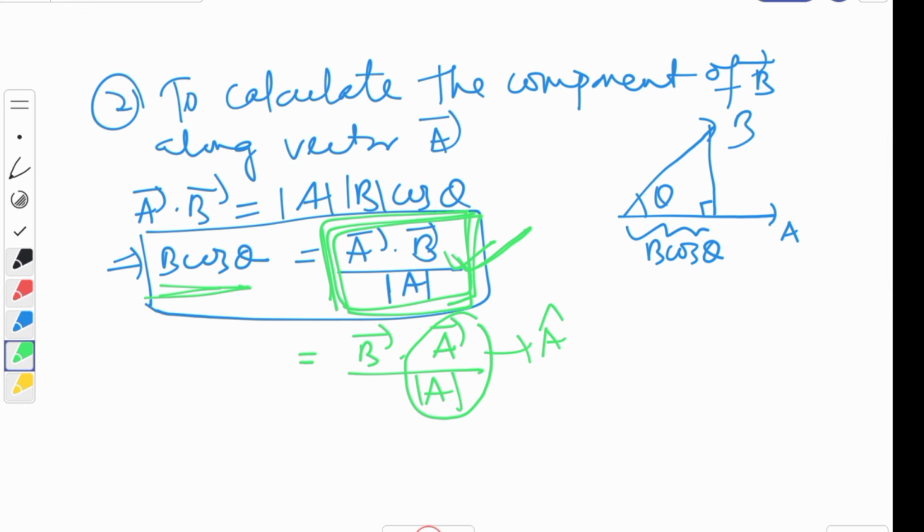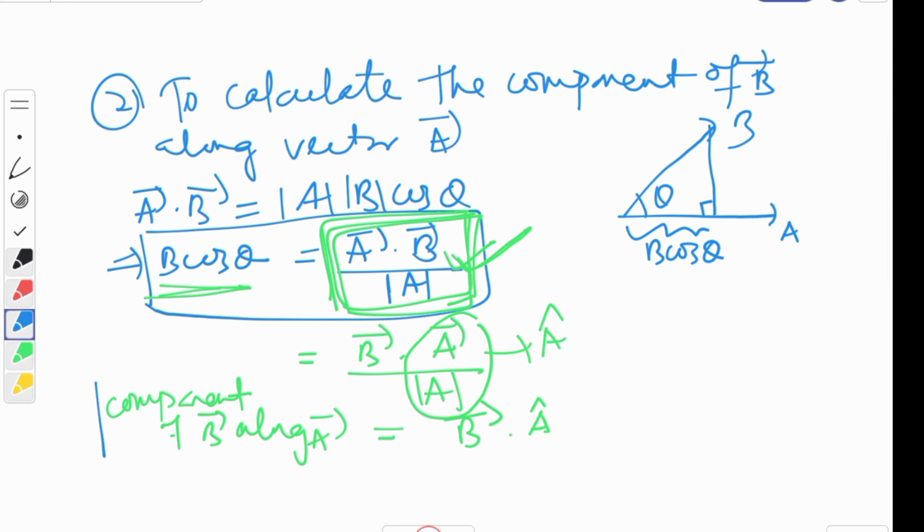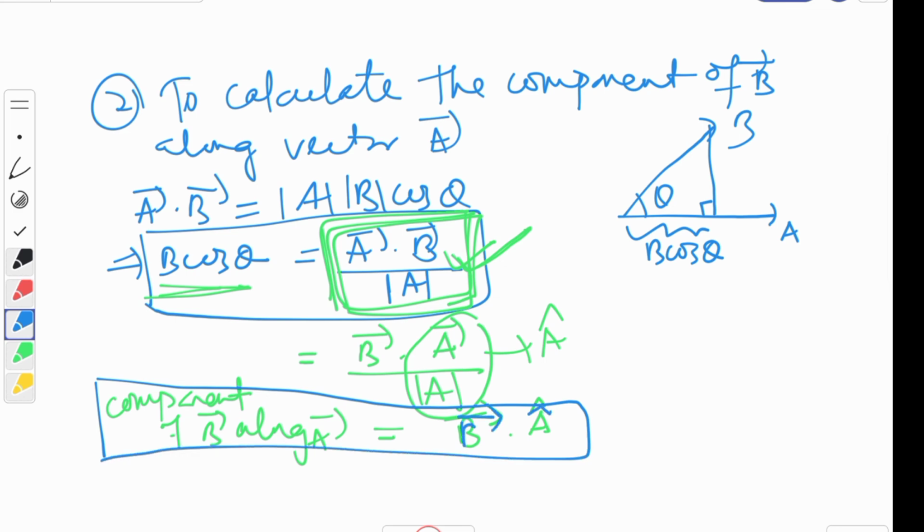So we can also write the component of vector B along A is equal to simply vector B dot A cap. Clear, children? This way also we can represent.